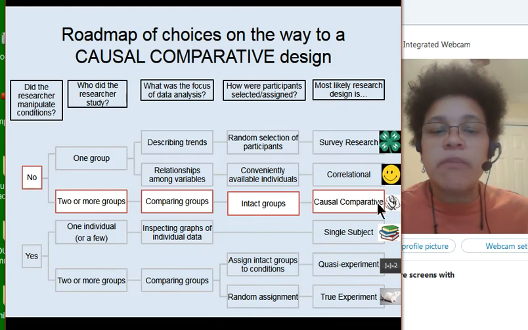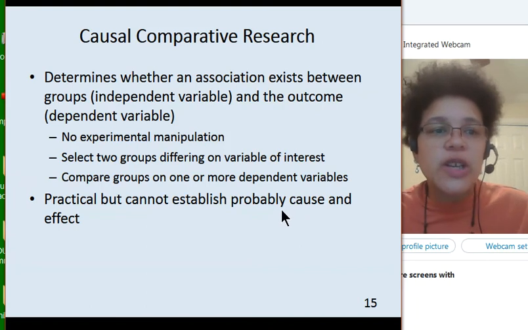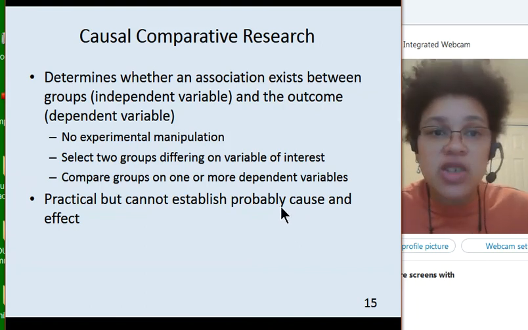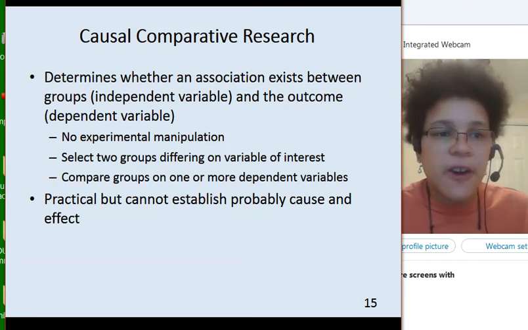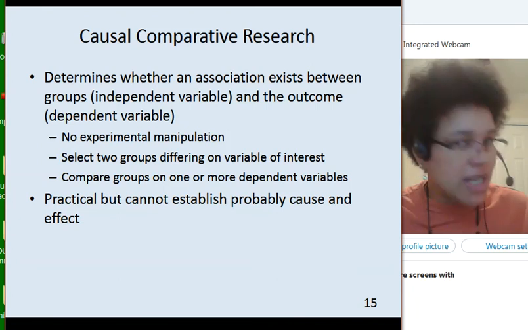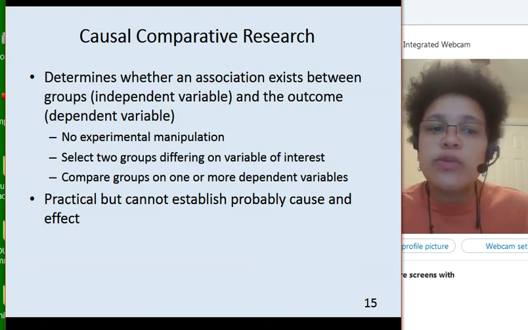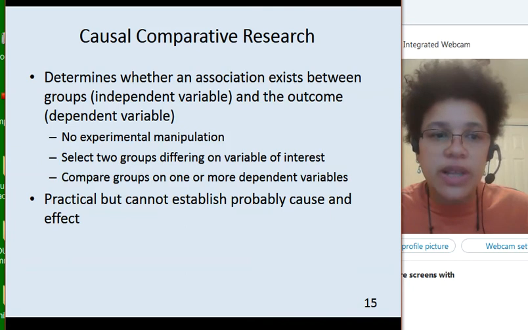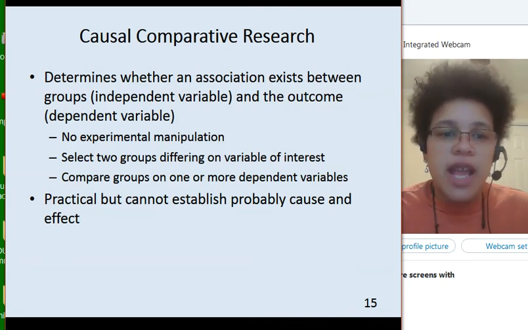A causal comparative study is the most likely research design as a result of those choices. Causal comparative research determines whether an association exists between groups. The groups are the independent variable, and the outcome is the dependent variable. There's no experimental manipulation.